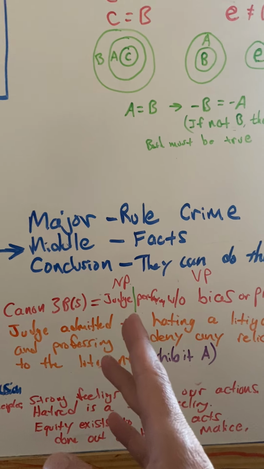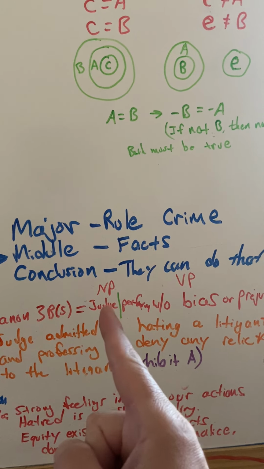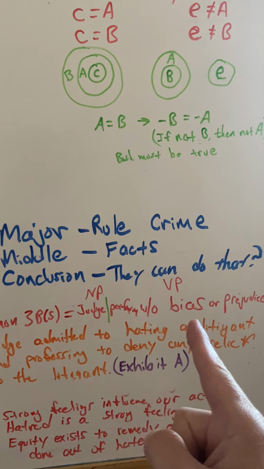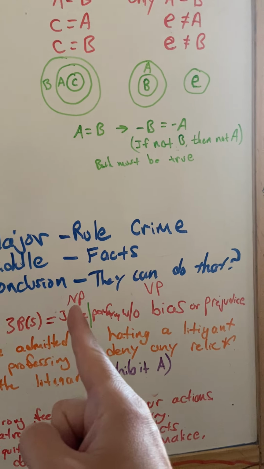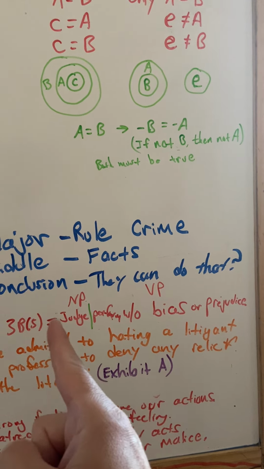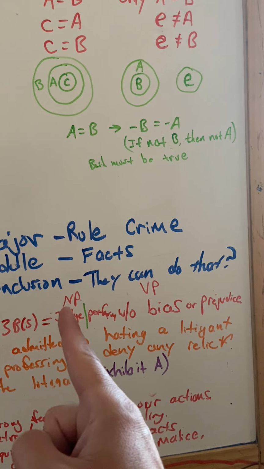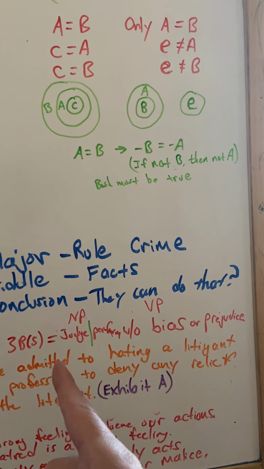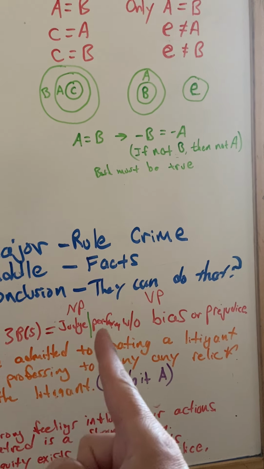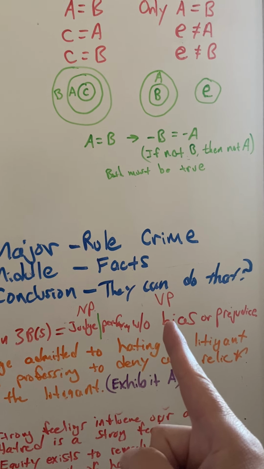Now, I want to show you how to cut up a sentence real quick. I have: the judge performs without bias or prejudice. Look for the first noun in there, and then draw a line right there. That is called a noun phrase. You can look that up and learn about those things. Whatever comes after that is a verb phrase.